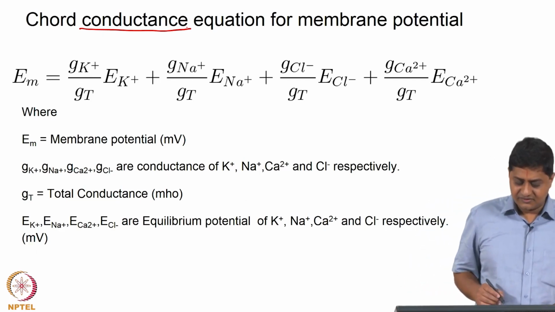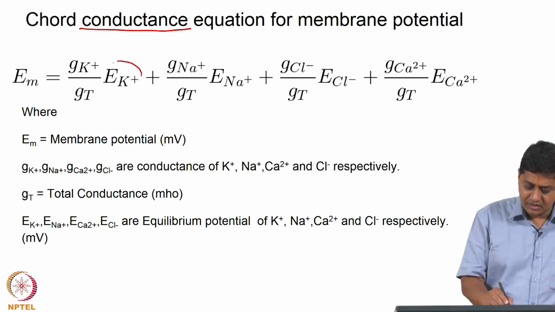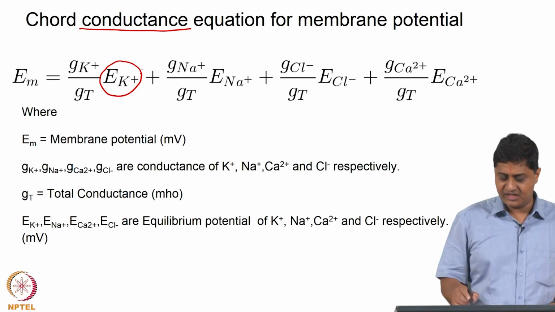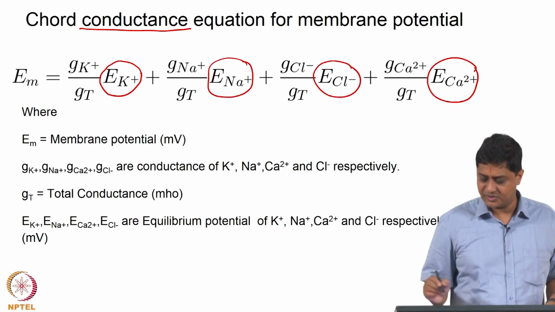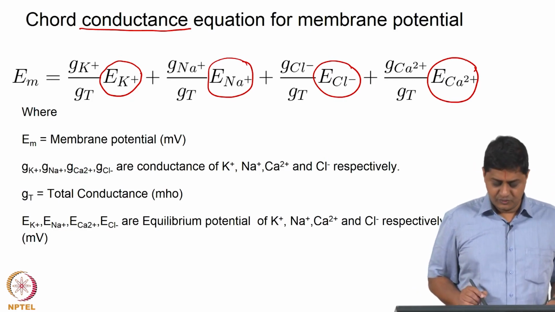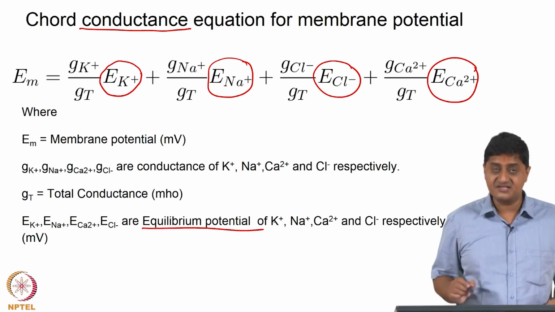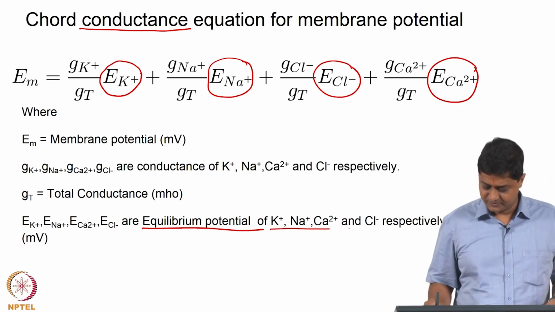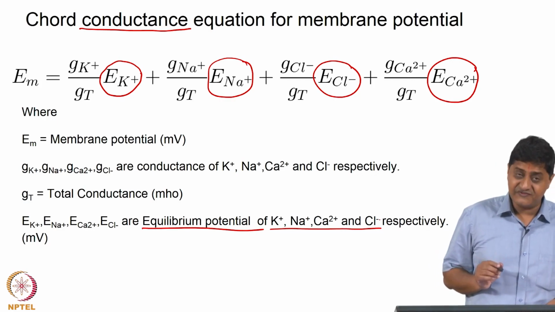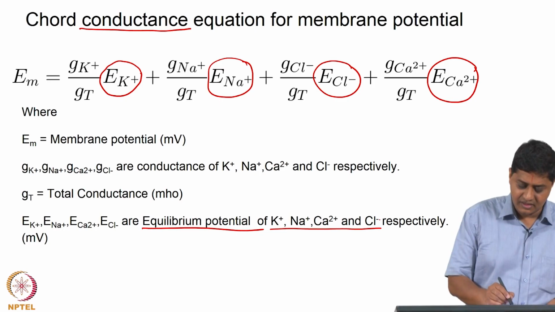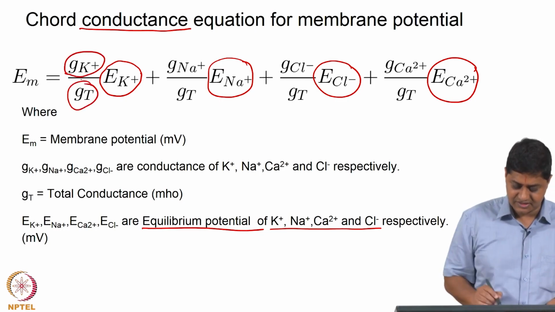Here the Chord conductance equation attempts to weight the equilibrium potential for each ion. So here E_Na, E_K, E_Cl and E_Ca2+ refer to the equilibrium potential or Nernst potential of these individual ions, right. This value is weighted by the relative contribution of their conductance to the total conductance.